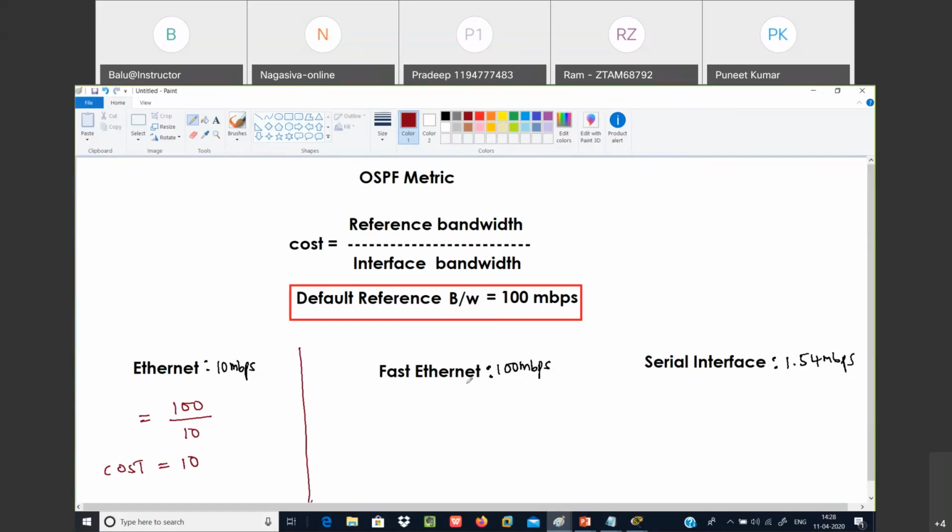I'll go for fast Ethernet. The reference bandwidth is 100, divided by the interface bandwidth, which is also 100. 100 by 100 is 1, so the cost of fast Ethernet is 1. Now let me check the serial interface.